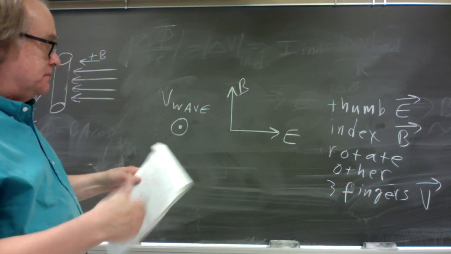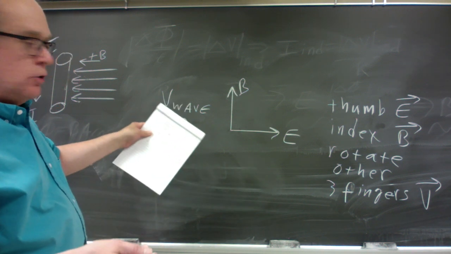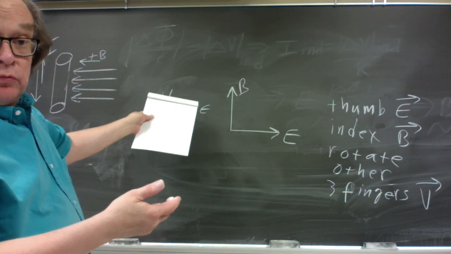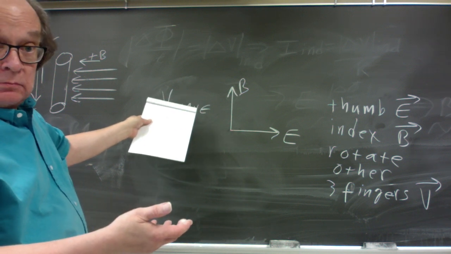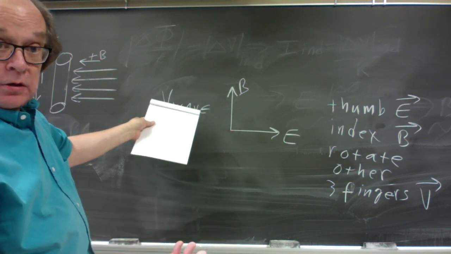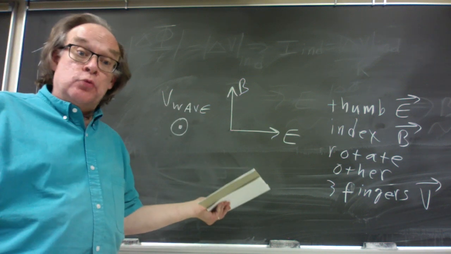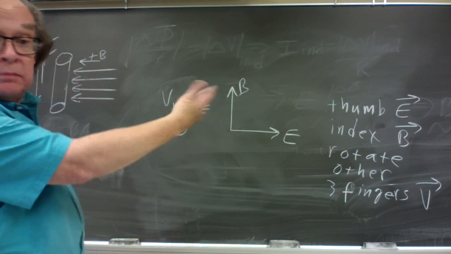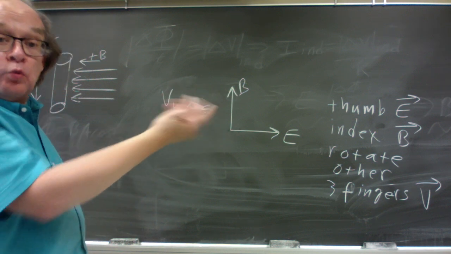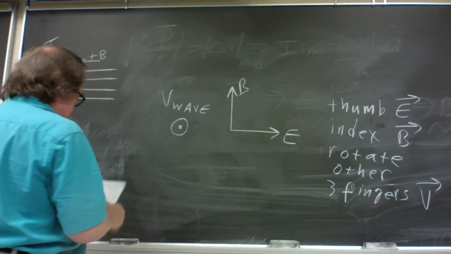So just as an example, remember these are oscillating electric and magnetic fields. So they go through a cycle. Let's see what this sort of thing looks like over one whole cycle.